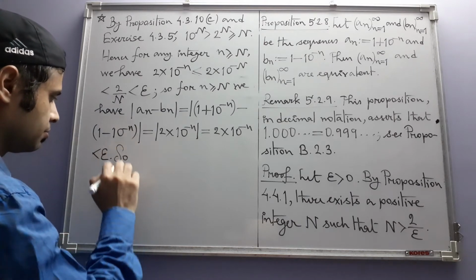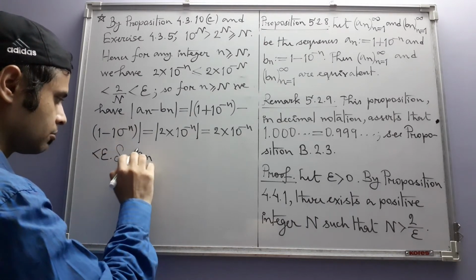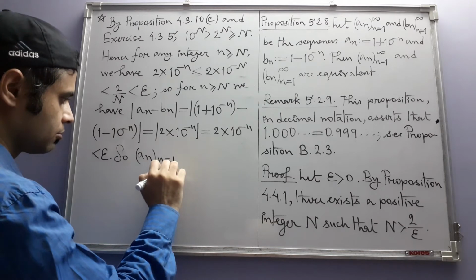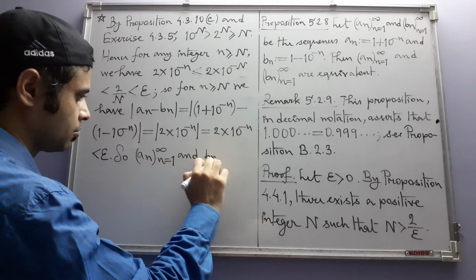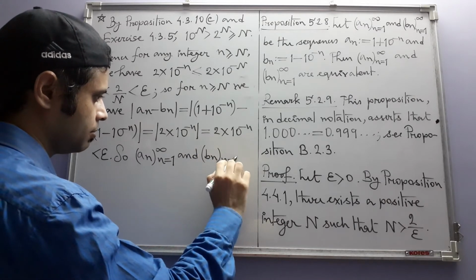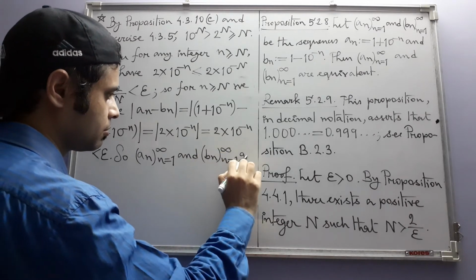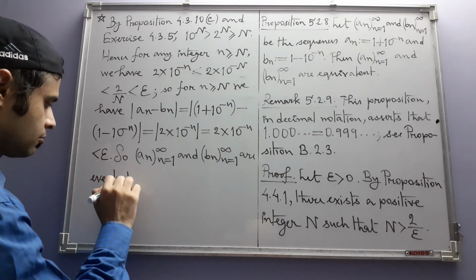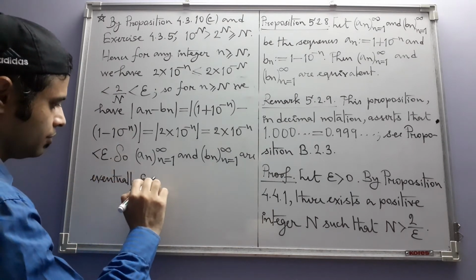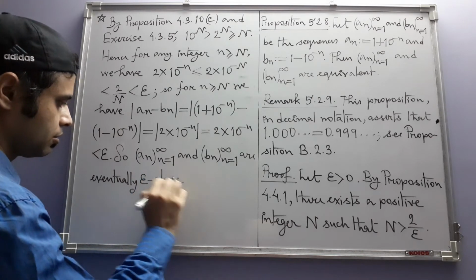So, a_n and b_n are eventually epsilon close.